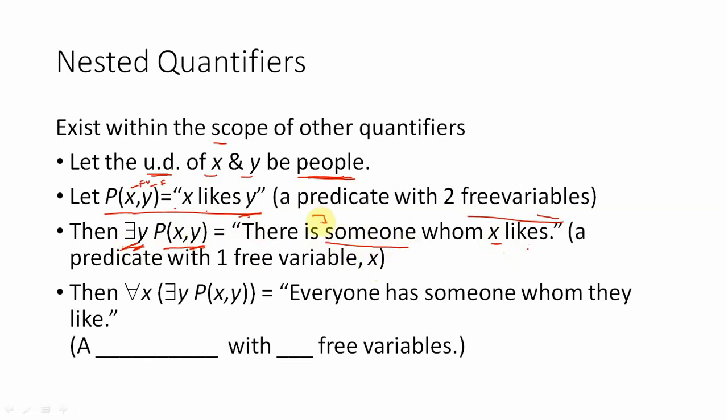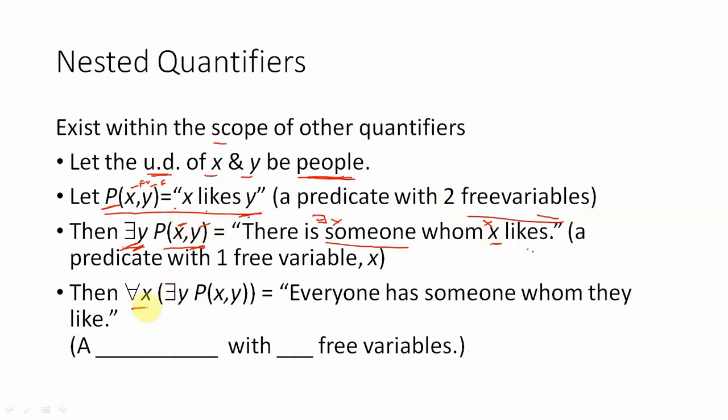That means there exists a value of y which is related to x by the predicate P. So now y is a bound variable and x is a free variable.